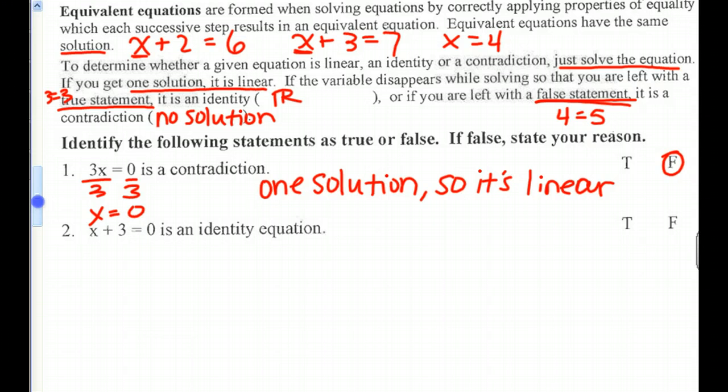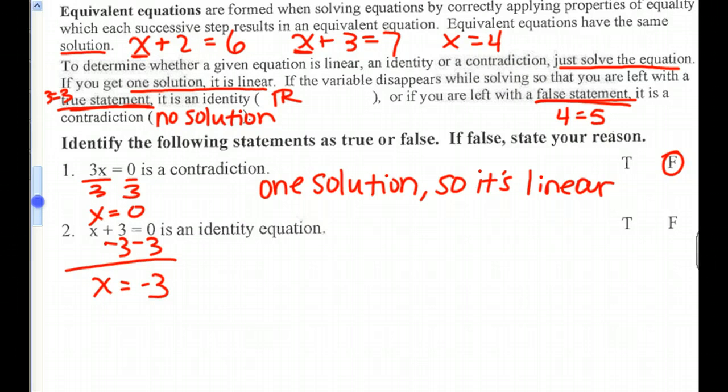Number 2, again, x plus 3 equals 0 is an identity equation. So let's see. Remember, identity means that it has a true statement and you're just left with numbers at the end. Your variables disappear. So you minus 3 from both sides, we get x equals negative 3.